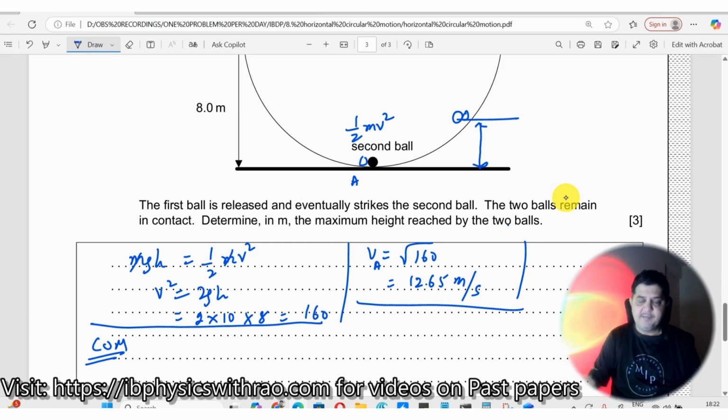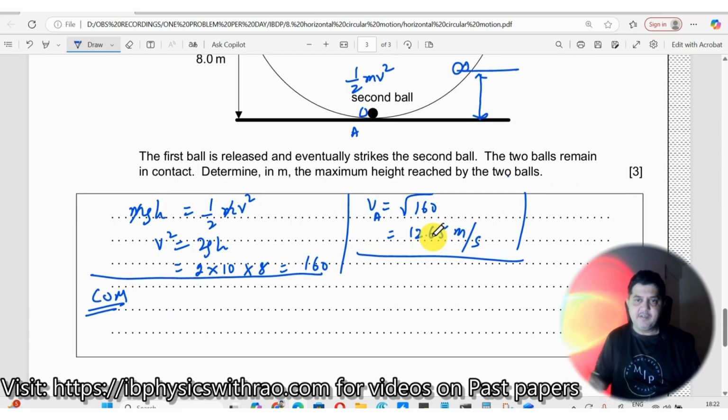So what does conservation of momentum tell me? What is the momentum before collision of the first ball? It was m times VA. The momentum before collision for the second ball was 0. This is equal to the momentum after collision of both the balls. They stick together, which means the total mass is 2m. The velocity I do not know.